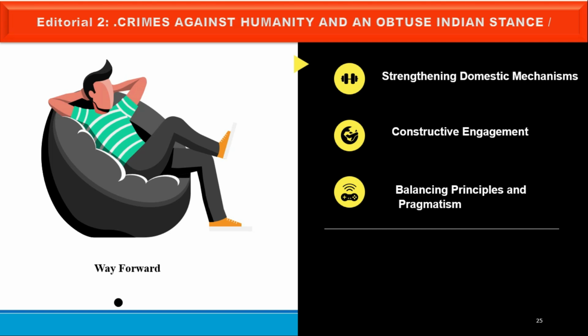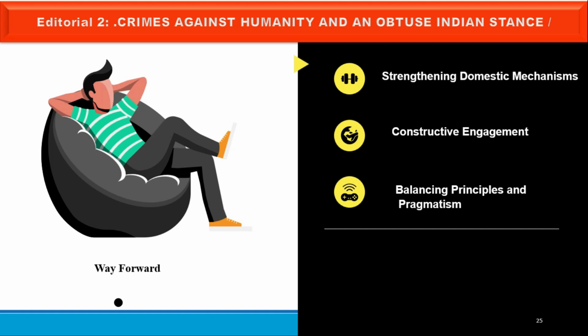There is also constructive engagement required in drafting a CAH treaty, ensuring respect for the state's sovereignty while addressing accountability gaps, and there is a balance between principle and pragmatism. Advocating reforms to international mechanisms like the ICC can push for greater fairness and inclusivity while maintaining our stance and sovereignty.